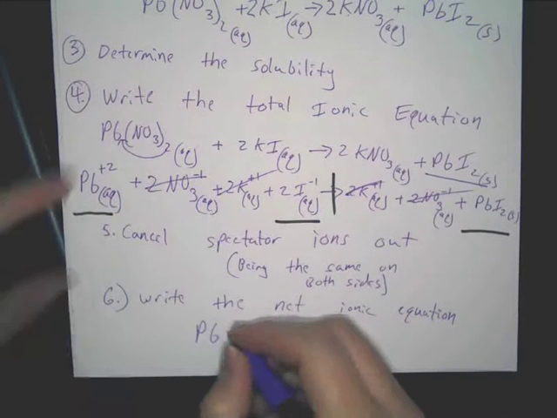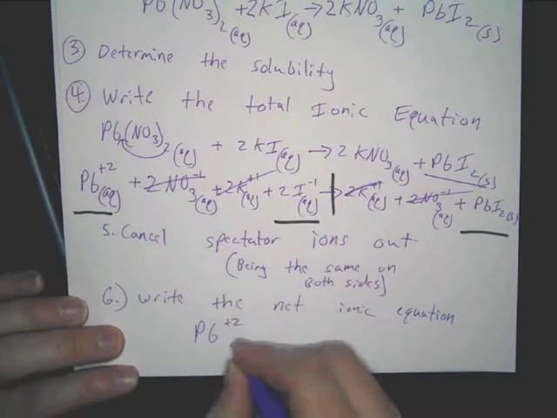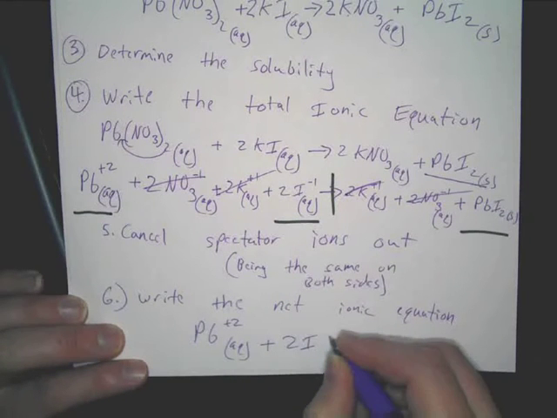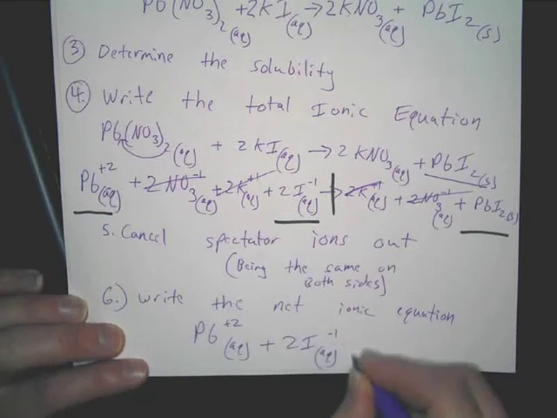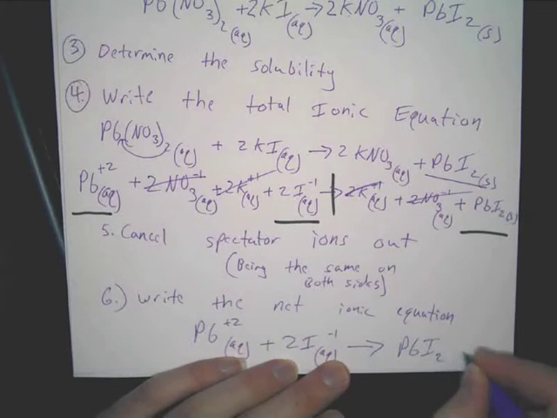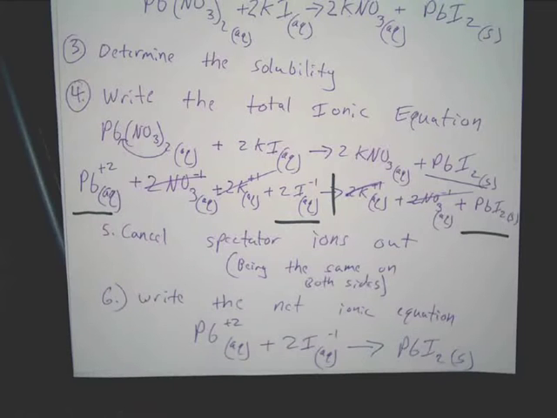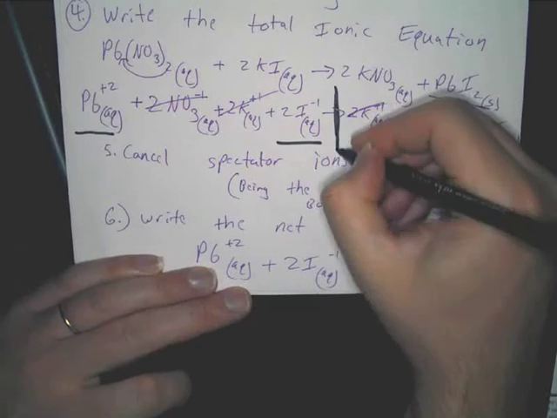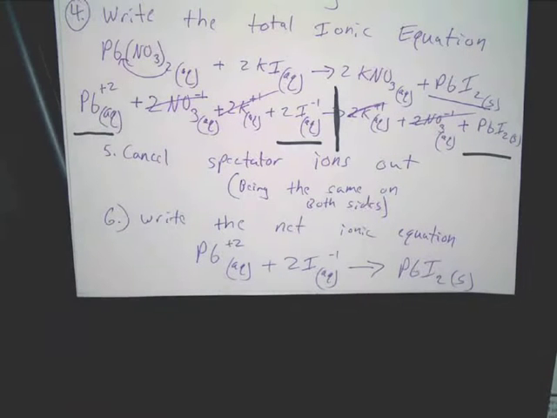So Pb +2 aqueous plus 2I -1 aqueous will produce PbI2 solid. All this for that. I was just showing you where it divides, the dividing line for crossing out.